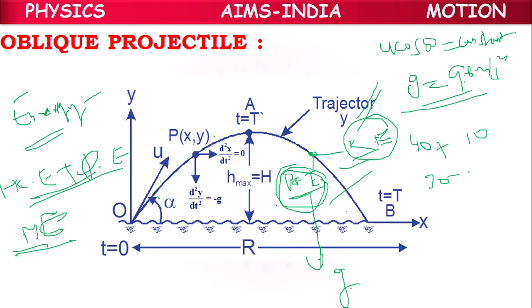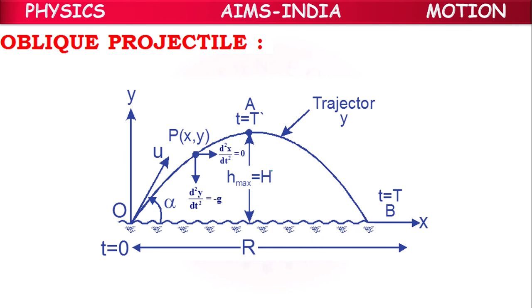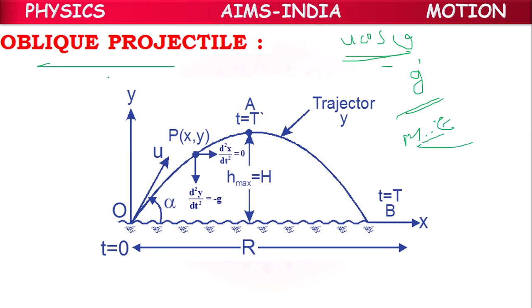After some time, kinetic 30, potential 20. Then kinetic 20, potential 30. Then kinetic 10, potential 40. But in any condition, the overall energy will be 50. So mechanical energy is also constant here. So the horizontal component of velocity u cos theta, the acceleration due to gravity g, and the mechanical energy are constant throughout the oblique projectile. These three are constant.